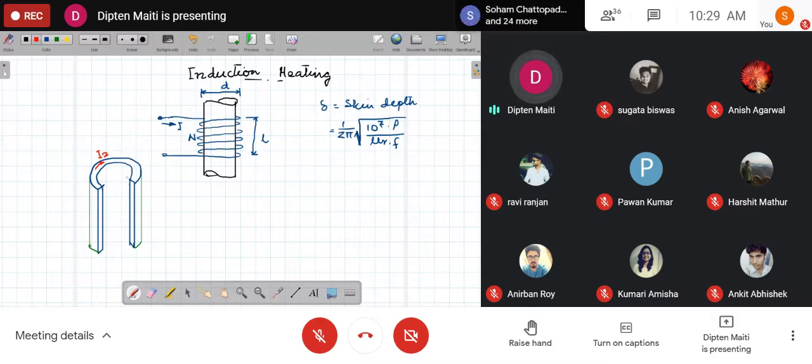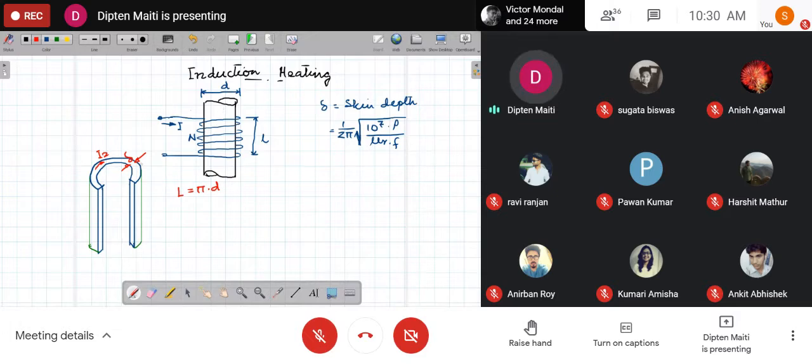Through this circular path. Now, what is the thickness of this path? That is delta, and the length of this path would be equal to pi into D, that is the diameter of the metal piece here.